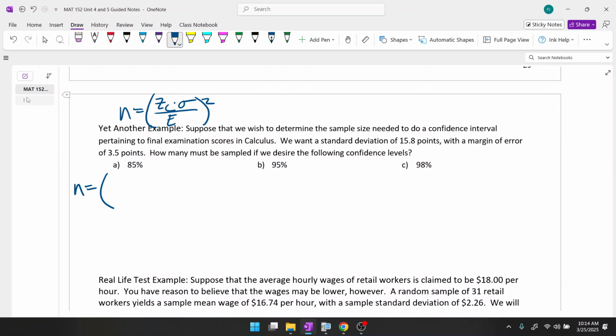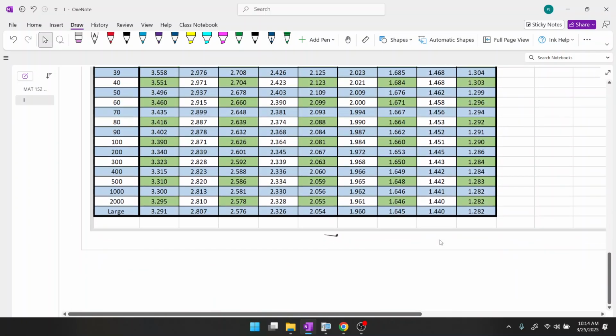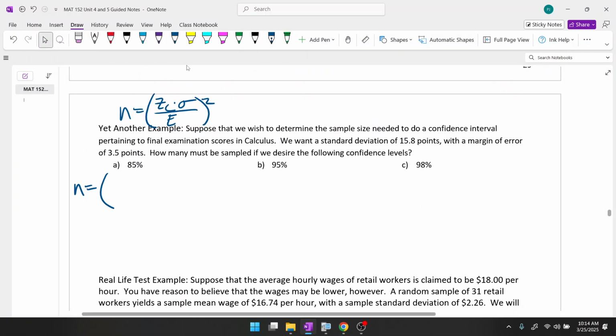If you go to 85% confidence, the critical Z is 1.44, times 15.8 over top of 3.5, and again, do not forget to square it.